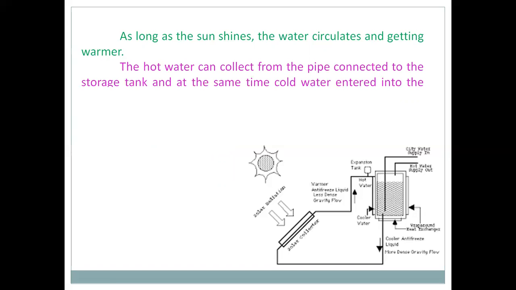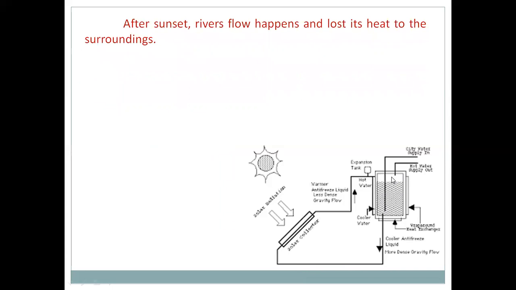The hot water can be collected from the pipe connected to the storage tank, and at the same time, cold water enters the storage tank for further heating. So when the water temperature increases, if we require it, the hot water will come out through a special pipe, and at the same time, cold water enters this storage tank for further heat absorption.